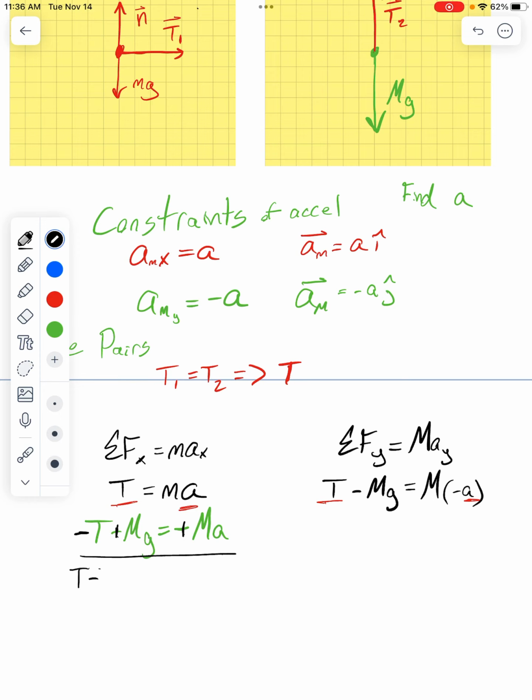So we've got a T minus a T plus an Mg plus a little ma plus a big Ma. You can see that the tensions cancel out, that's why I did it. And we have big Mg over little m plus big M is equal to acceleration.